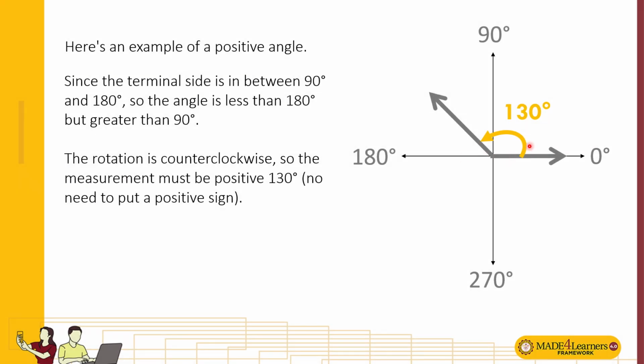So 130 degrees, for instance, is 90 plus 40 degrees. Coming from the 0 degree initial side, if it's rotated for about 130 degrees, we use positive 130 degrees. An angle that is coterminal to this positive angle, coterminal meaning they have the same terminal side, is as if the angle is now being rotated in a clockwise rotation.